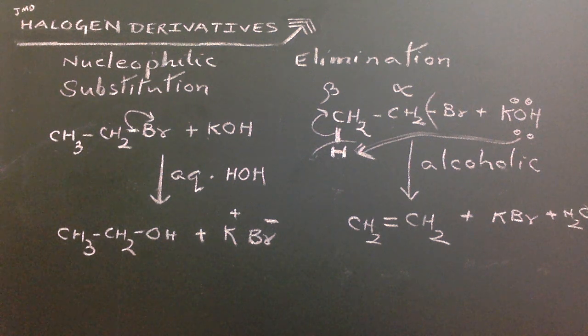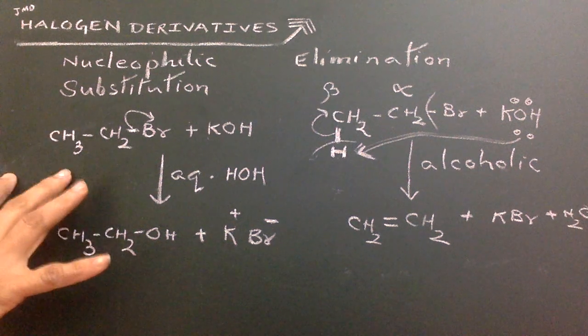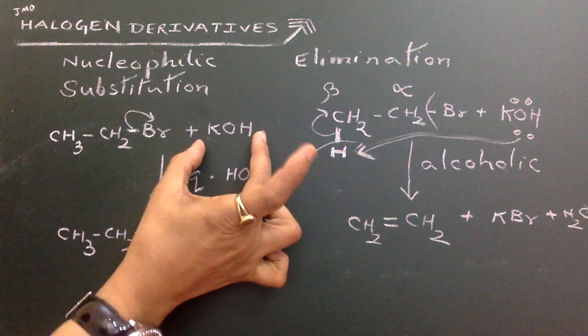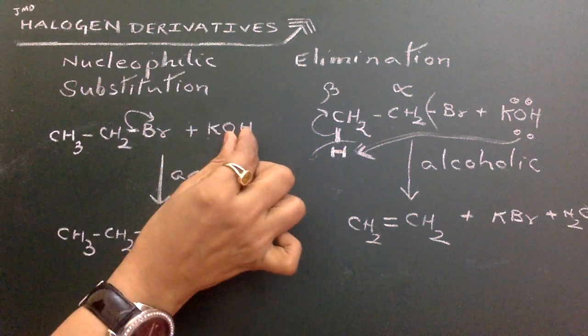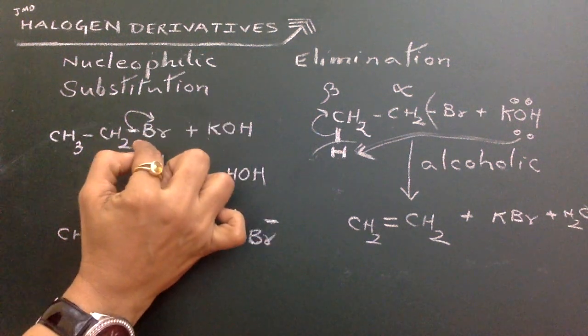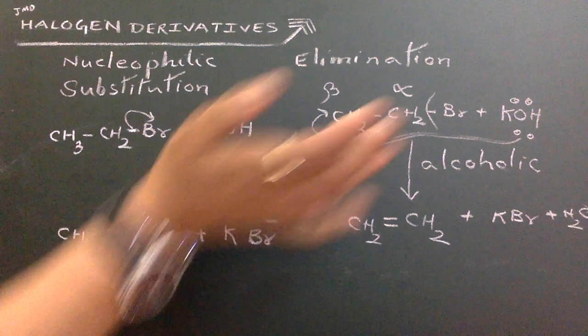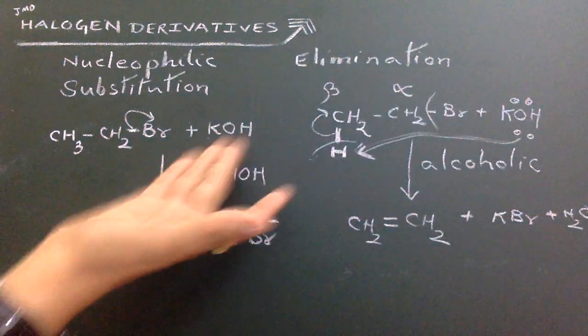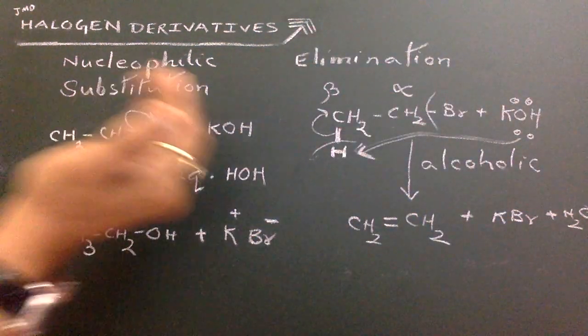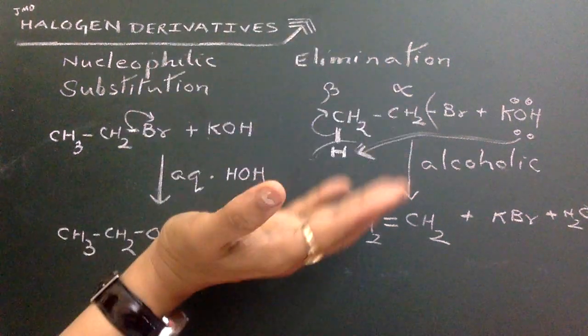Now we move ahead with the next point. Whenever I was talking here, I said the strong nucleophile OH minus replaces the weak nucleophile Br minus. Whereas here every time I was saying when the base attacks, although the molecules are the same. Here I am calling it a nucleophile, there I am calling it a base.